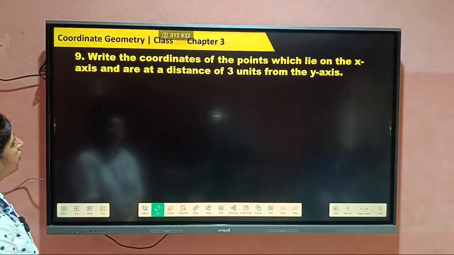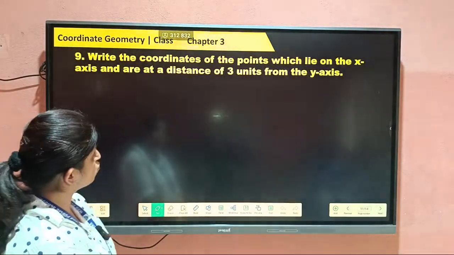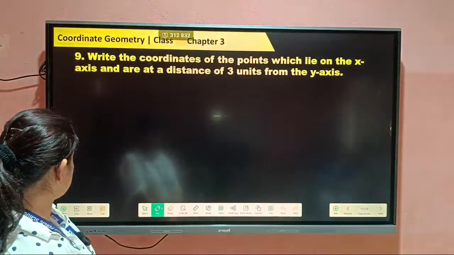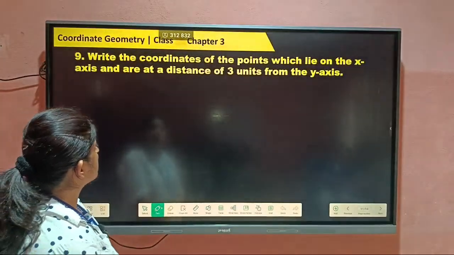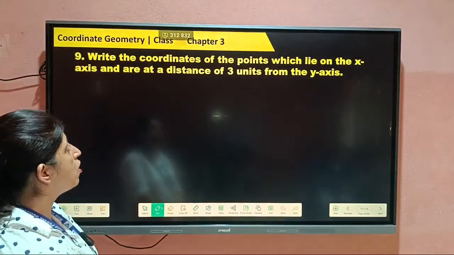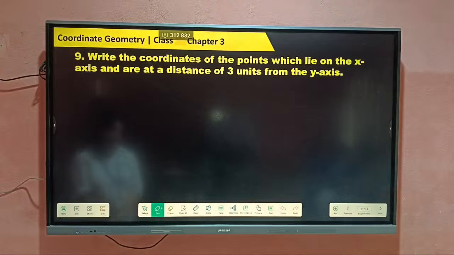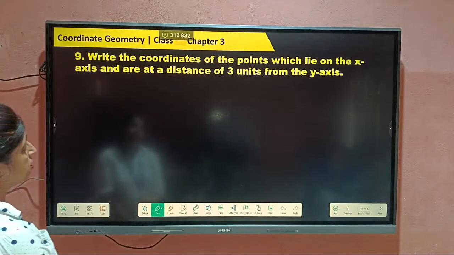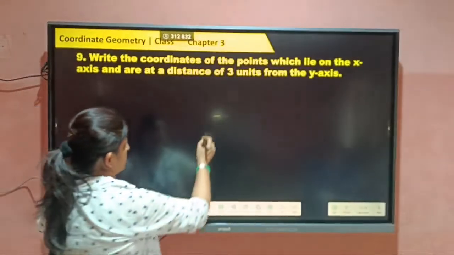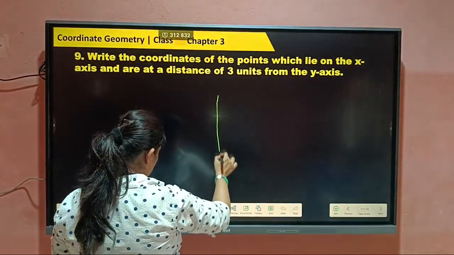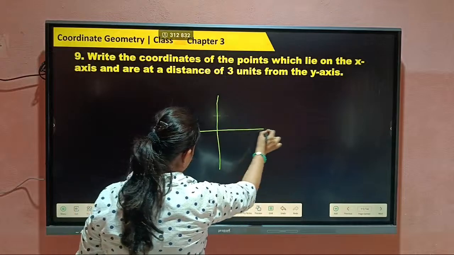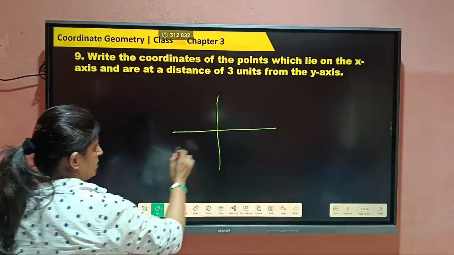Next, write the coordinates of the points which lie on the x-axis and are at a distance of 3 units from the y-axis. Means you have to write the coordinates of the point which lie on the x-axis and are at a distance of 3 units from the y-axis. What is the meaning of that? You have to tell the coordinate which lie on the x-axis.